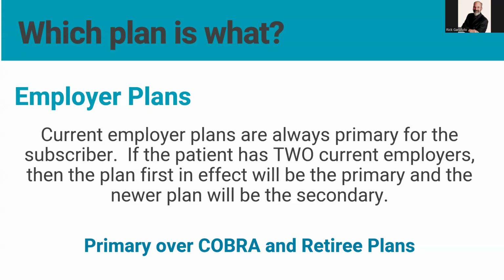For some reason, some misconception got out there that the full-time job is the primary and the part-time job is the secondary. And that's just not the case. Typically, whichever plan was in effect first is the primary. So if I have a full-time job at, we'll just say Walmart, that plan goes into effect 20 years ago. 2 years ago, I got a part-time job at FedEx. That plan is my secondary.